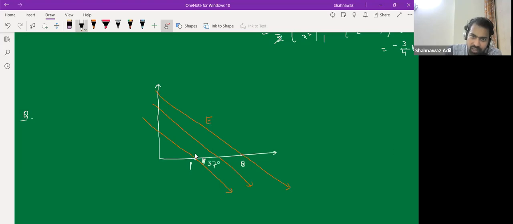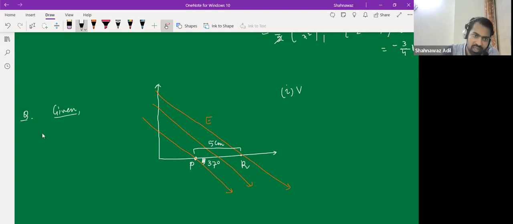Okay, and this distance is 5 centimeter. Then let me write this point as R. So first question is, what is the potential difference?